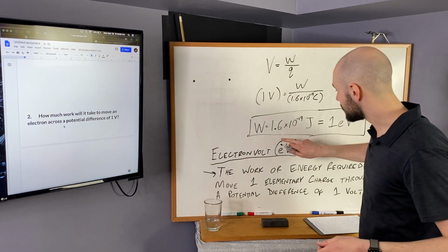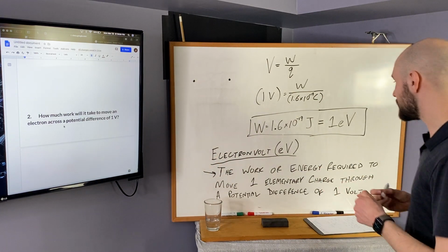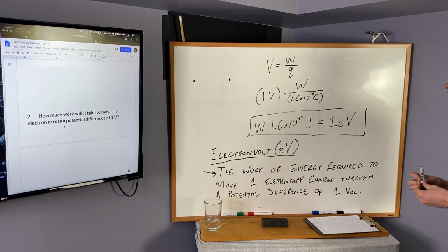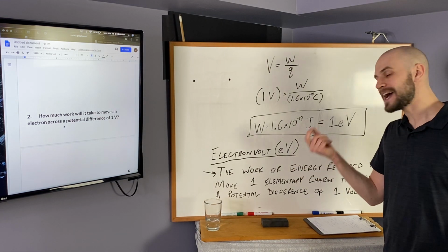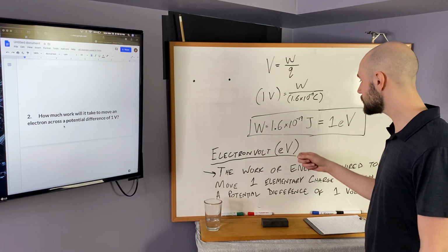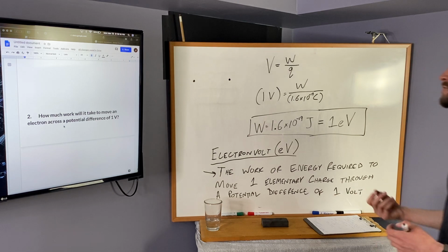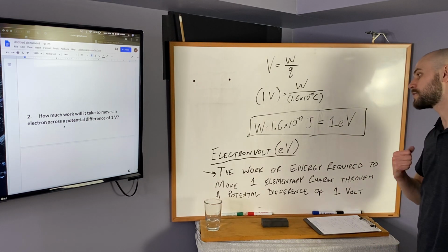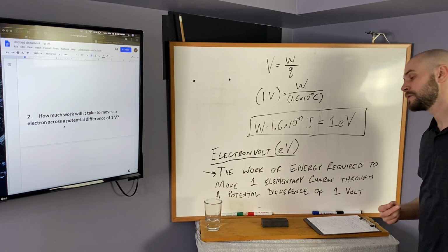Now you might be asking yourself, why bother with this new unit? Why are we going to try to confuse ourselves? Again, when we're working with very tiny charges, an elementary charge or just a few multiples of an elementary charge, it makes much more sense to talk about them in terms of electron volts than it does to talk about them in terms of joules.